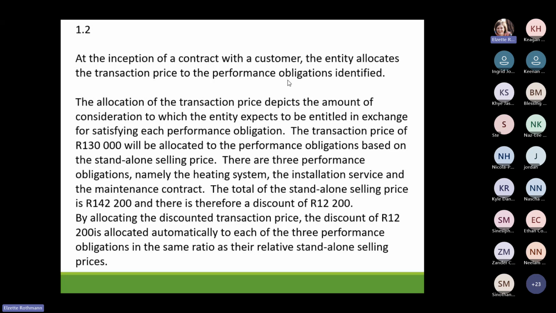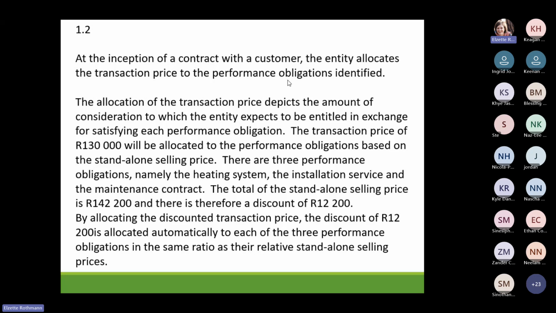The transaction price of 130,000 Rand will be allocated to the performance obligations based on the standalone selling price. Again, that's what we did in the calculation. We said this item on its own is costing this amount. Then the next one, then the next one.